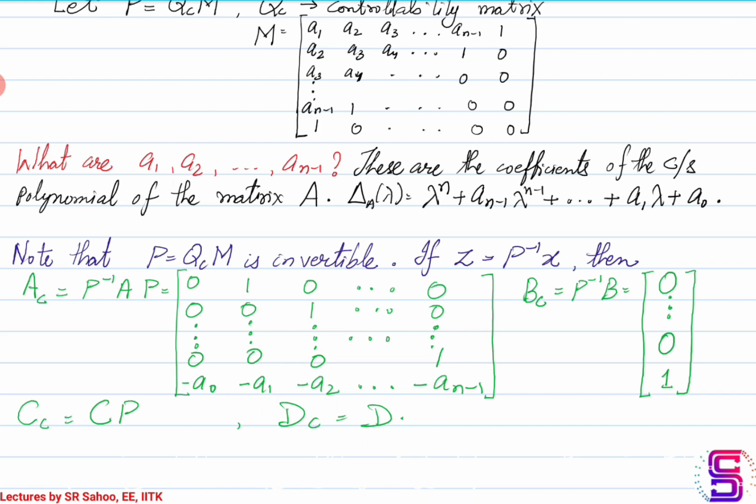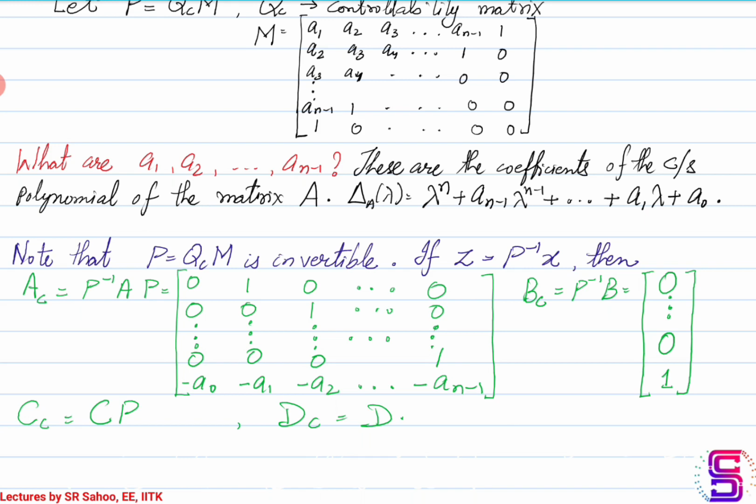Now the BC also has a very specific form, which is the following: all the entries in the column are 0 except for the last entry, which is 1. It can be verified that if you have a state space representation directly given in this form, then this form of A and B will always be controllable.